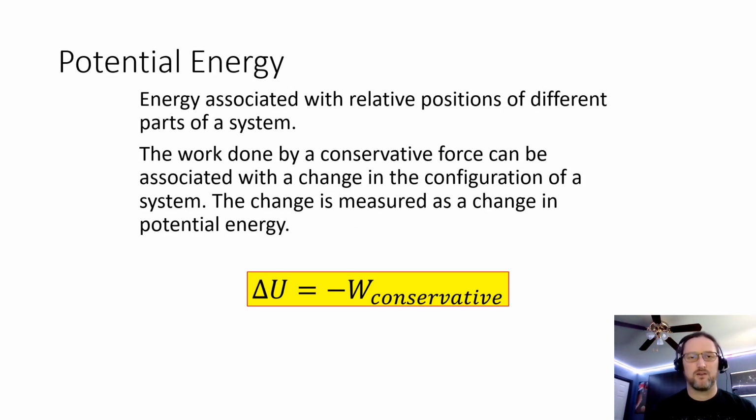But it turns out that it's very convenient to define the work done by these conservative forces in terms of a thing called a potential energy. Energy associated with relative positions of different parts of a system. We're going to look at a couple of particular conservative forces and find potential energies associated with them.